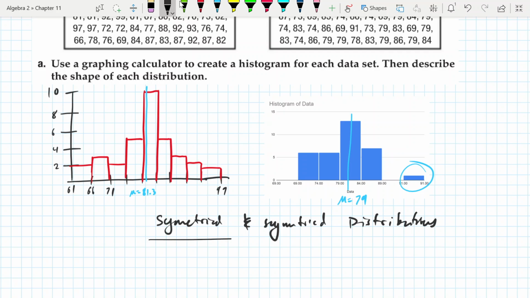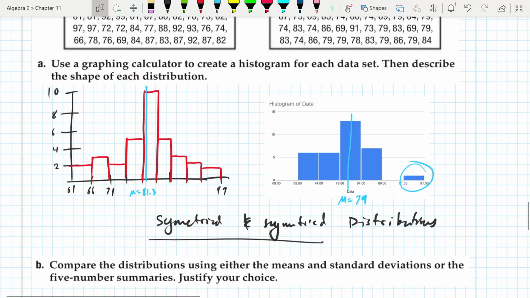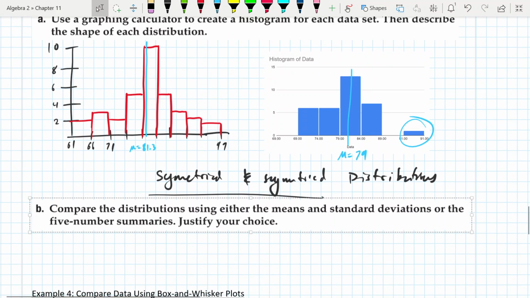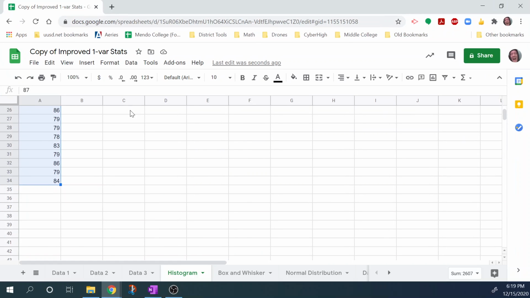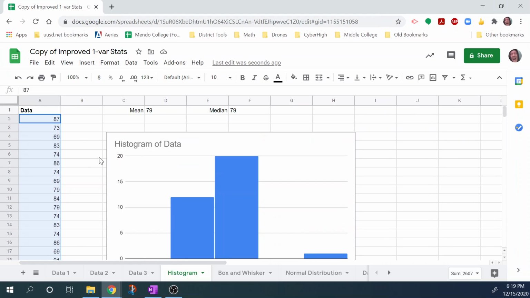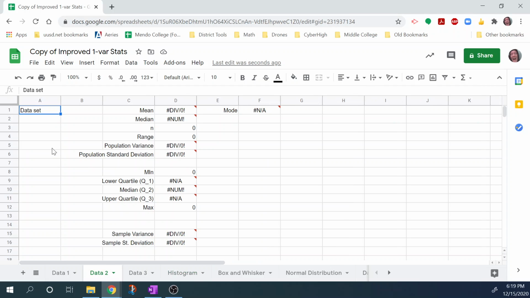Now, since it's symmetrical and symmetrical, the best way to describe them is with mean and standard deviation. So we're going to do means and standard deviation. Now I'm going to put that same data that I had, the data for the second graph, into data 2.